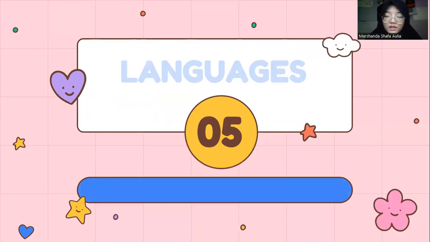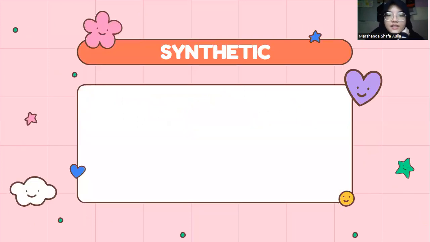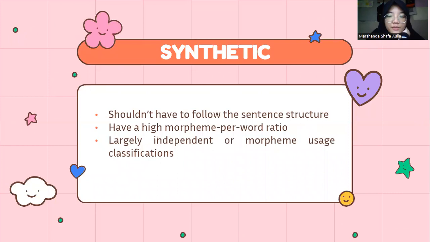The fifth one is languages. We will talk about analytical language and synthetic language. So what is synthetic language? Synthetic language is a language that doesn't have to follow the sentence structure. It has a high morpheme per word ratio, largely independent morpheme usage classification, and examples of the language are Greek, Latin, Arabic, Italian, etc. So in synthetic language you don't need to follow the sentence structure or word order, but it still has the same meaning.